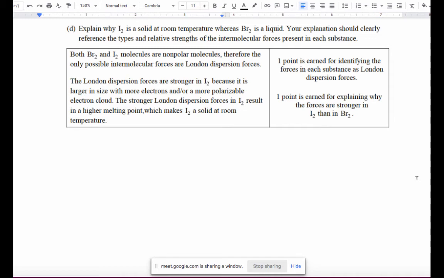So if I2 is a solid, that means it has stronger IMFs than Br2. So we could say that the dispersion forces are stronger in I2. Remember, with dispersion, you talk about the electron cloud. So we could say that the dispersion forces are stronger in I2 because it has more total electrons, giving it a more polarizable electron cloud. And that would give you your second point.